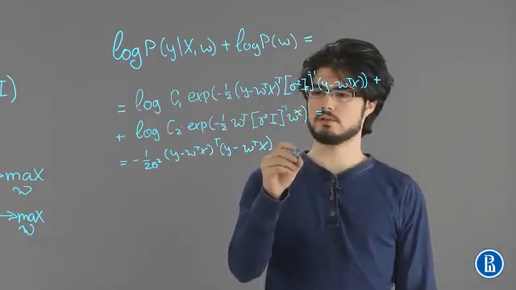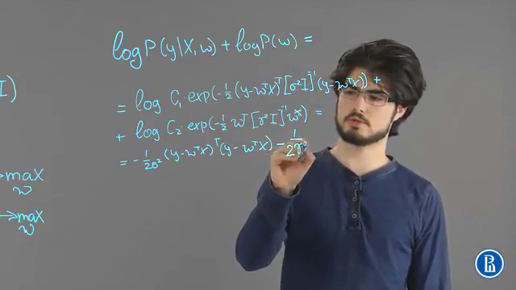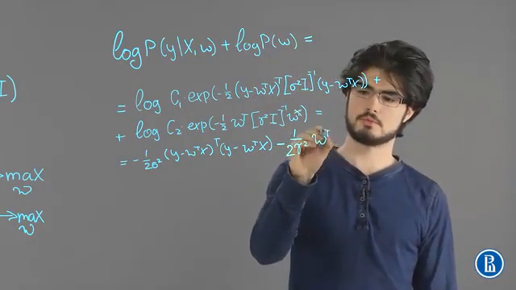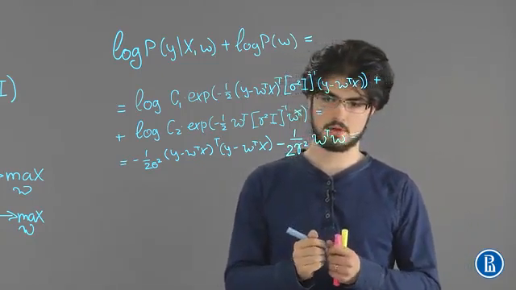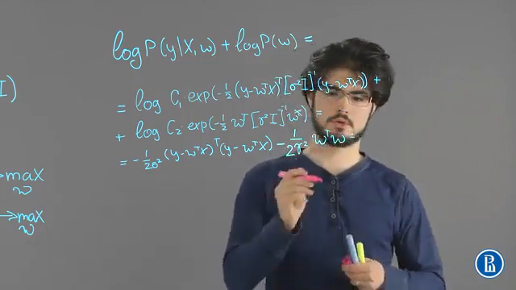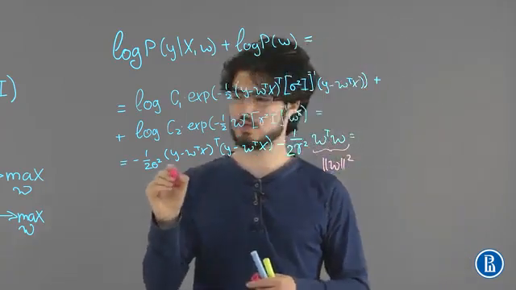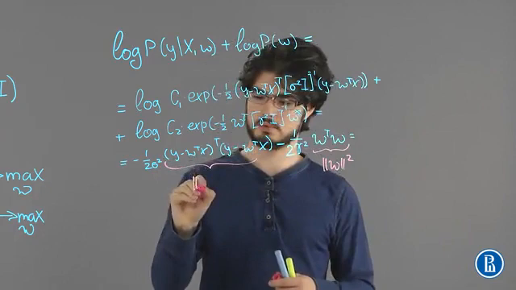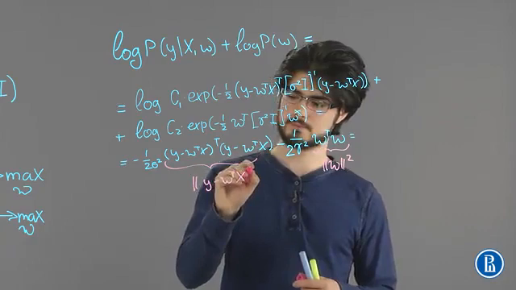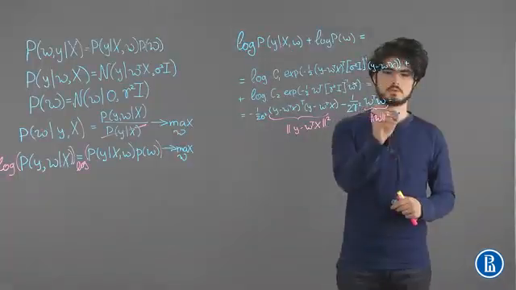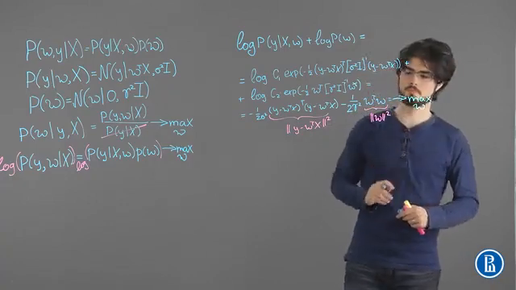And finally, we'll have the term -1 over 2 gamma squared w transpose w. This thing is actually a norm, so we'll have a norm of w squared, and this is also a norm of y minus w transpose x squared. So we try to maximize this thing with respect to w.